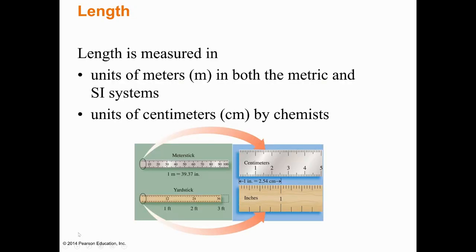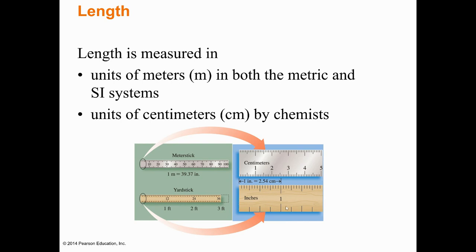Okay, so let's talk about length. In the metric system and SI, it's meters. Chemistry uses a lot of centimeters. And in a few moments, we're going to talk about how we read from a measuring device. If you notice here are the inches that you might see on a ruler.